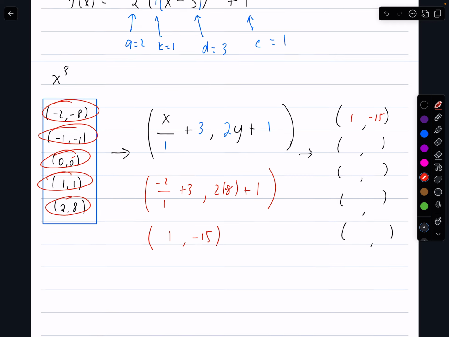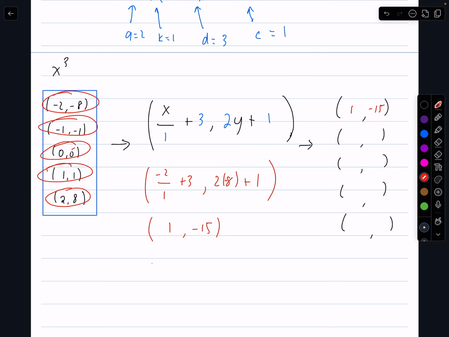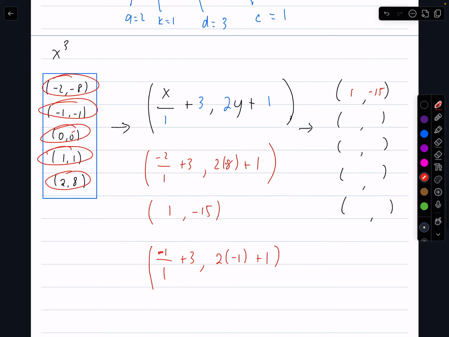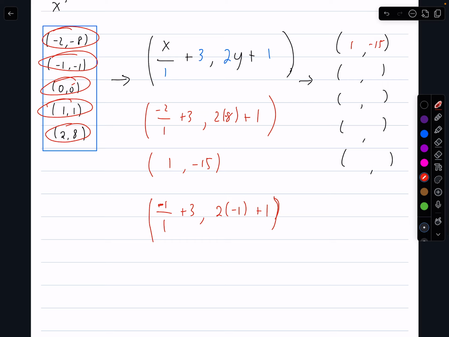So we can try even the next one. We'll plug in -1. -1 over 1 plus 3, 2 times -1 plus 1. So what does that equal? -1 over 1 is -1, plus 3 gives us 2. 2 times -1 is -2, plus 1 is -1.